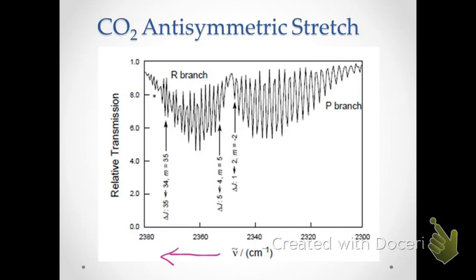Now, I did mention that the spacing was roughly 2B, but if we look real closely, we might actually notice that there is some variation in the spacing. In fact, we'll notice that for the P branch, the spacing seems to be getting larger as we go out to lower wave numbers. So the spacing increases as the wave numbers decrease.